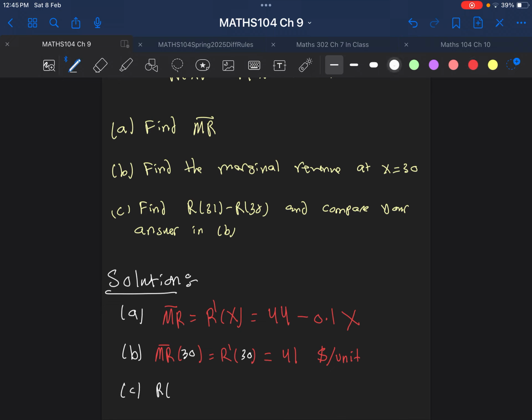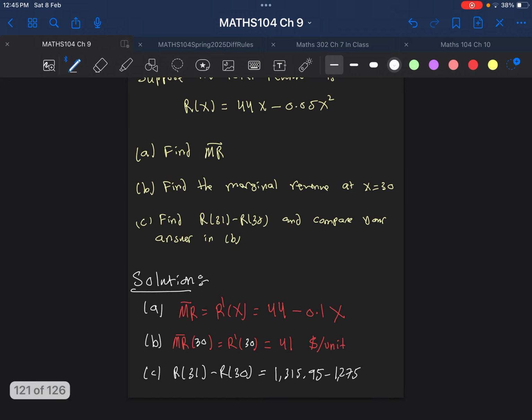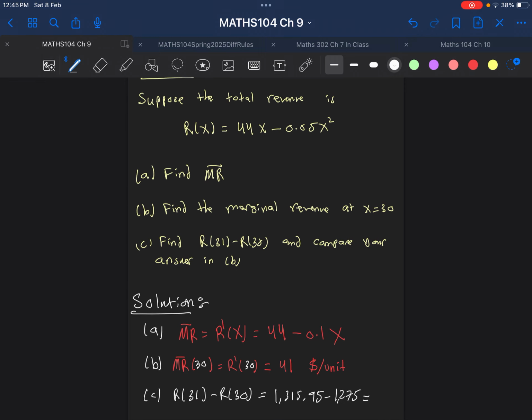Let's see part C. You need to use your calculator to find R31 and R30. Now, how much is R31? This is the formula. Just substitute 31 in your calculator. If I did it correctly, it will be 1,315.95 minus 1,075, which is approximately $40.95.